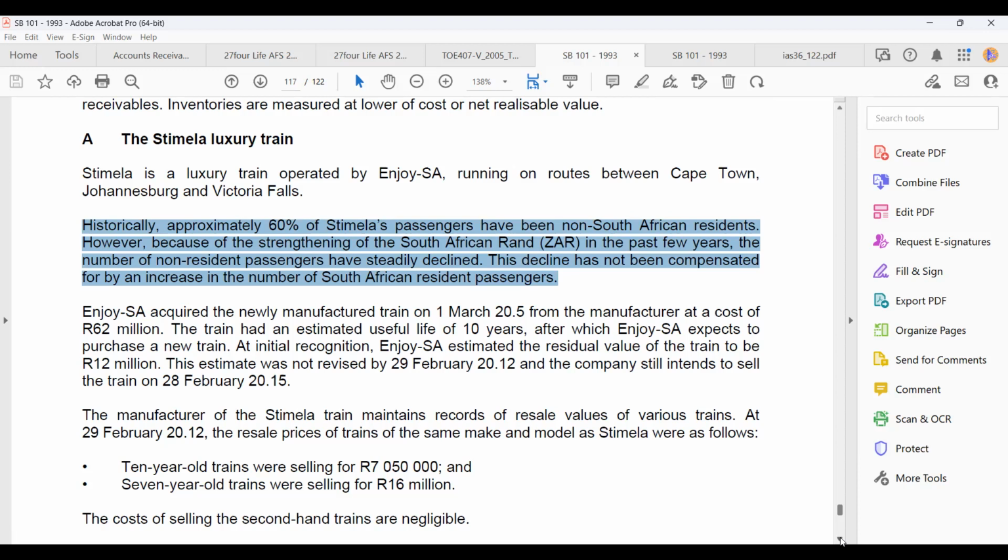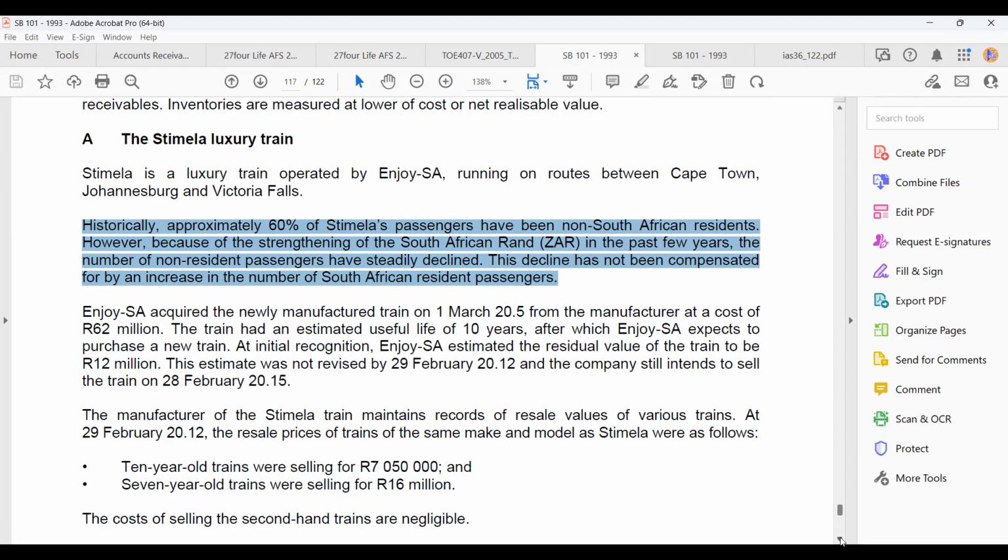Therefore, we needed to calculate depreciation taking into account the change in estimate. The change in estimate will be one of two things, or both: a change in useful life and or a change in the residual value. In this question, there was a change in the residual value, and as a result, we needed to factor that in when calculating our depreciation for the current year.